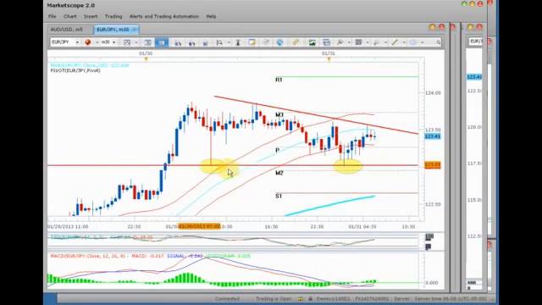So we're bullish on this pair as long as we can hold this 23.02. I think we got as low as maybe 122.97, and we're looking for maybe a break of this area here.